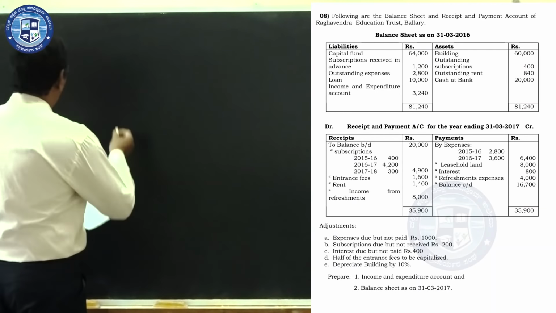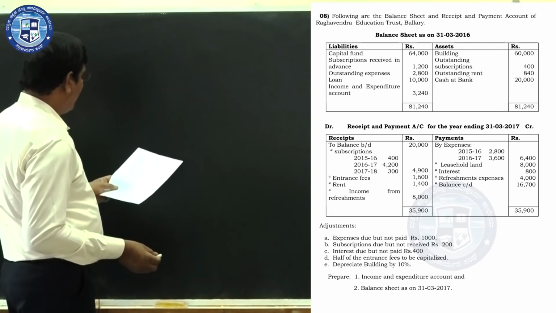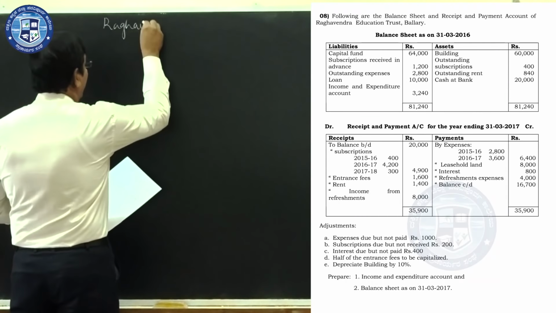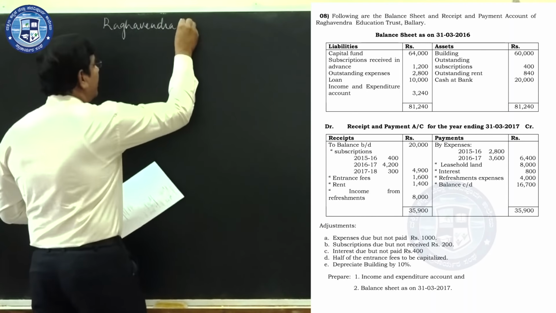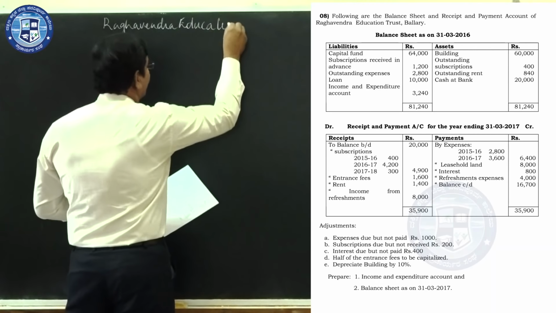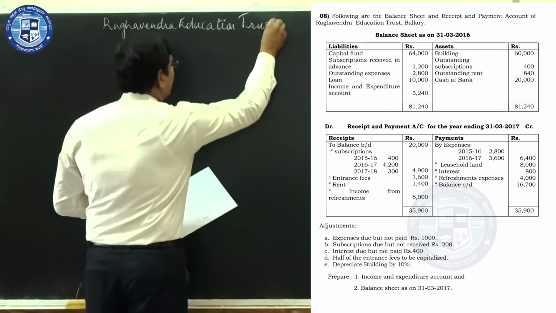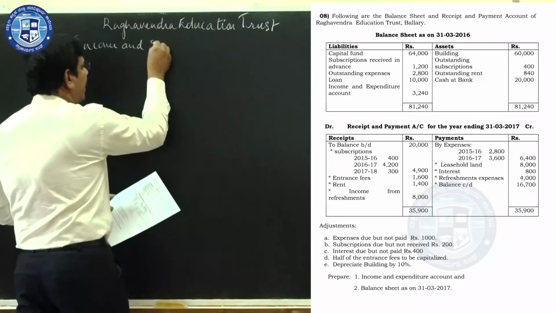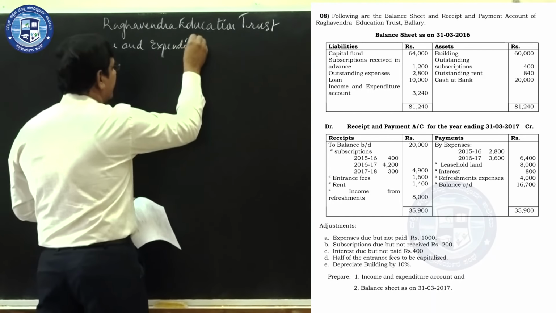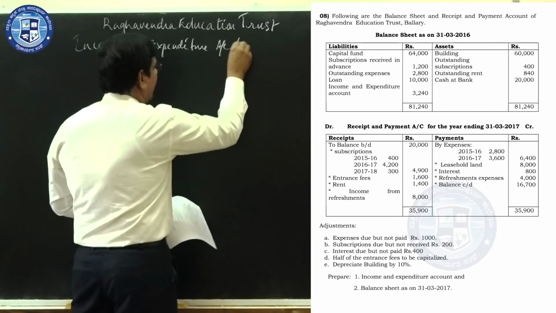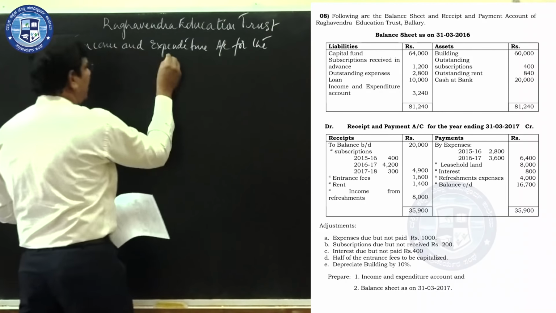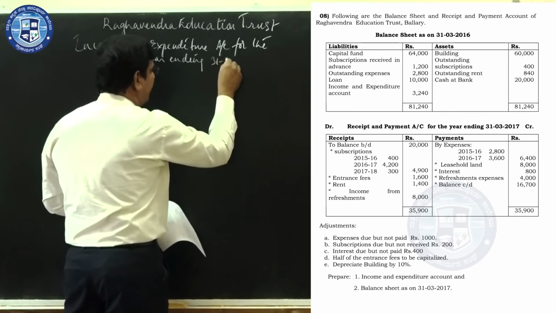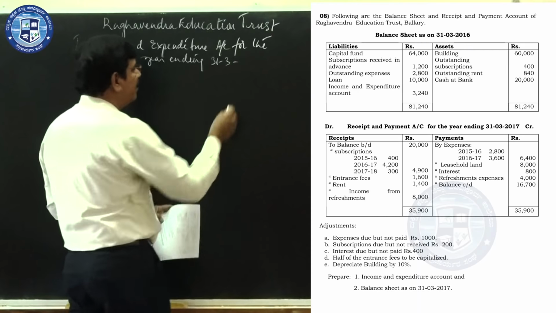As you are aware, we have to write the name of the firm, Raghavendra Education Trust. Income and expenditure account for the year ending 31st March 2017.